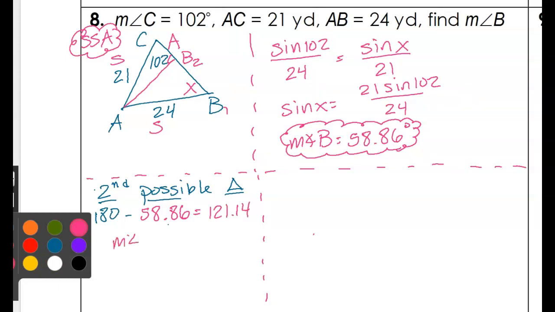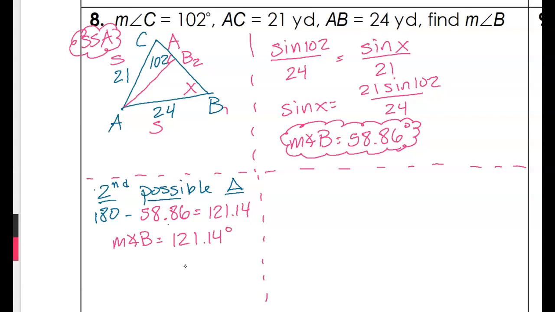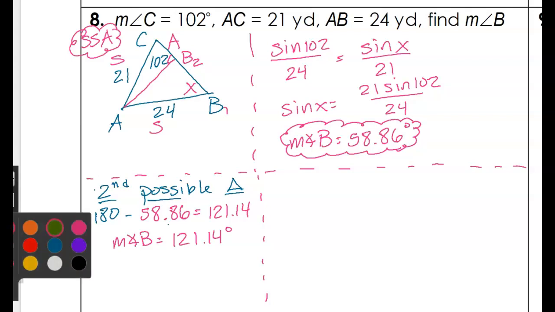So the second possible measure of angle B is 121.14 degrees. But we truly don't know if this is possible unless we check it. So we need to see if this value actually could be an angle in our triangle.